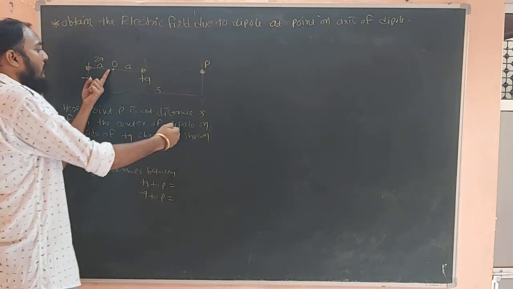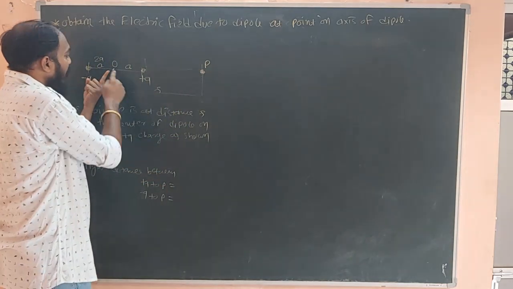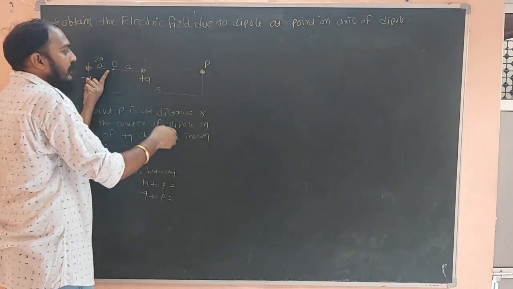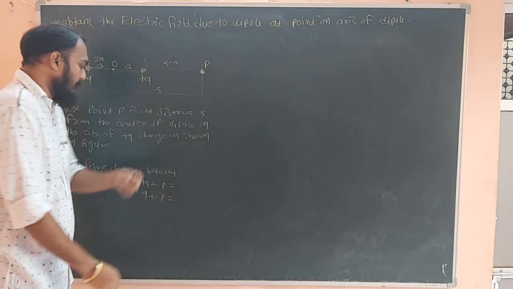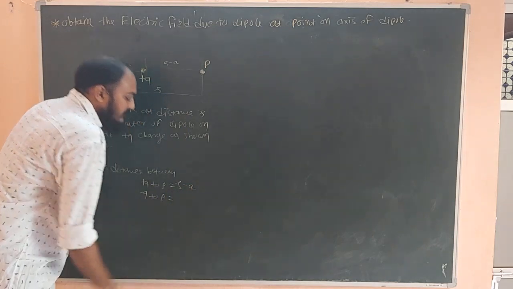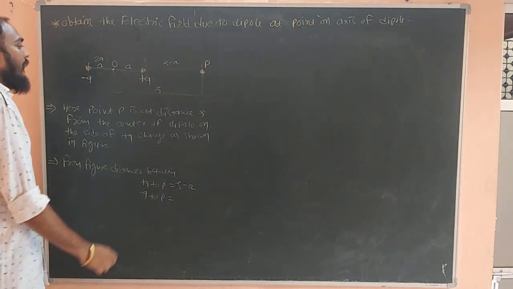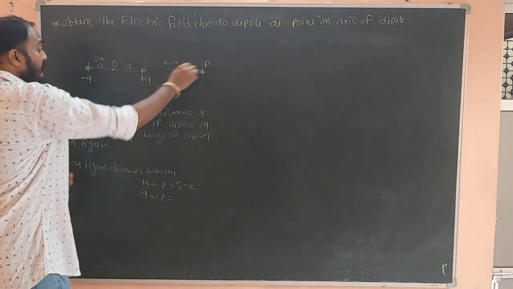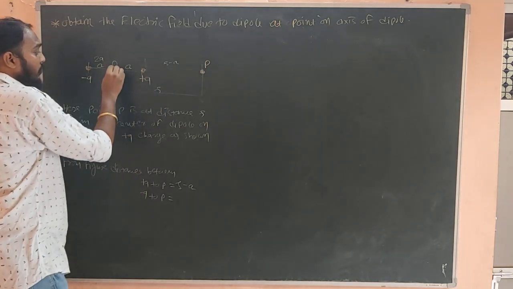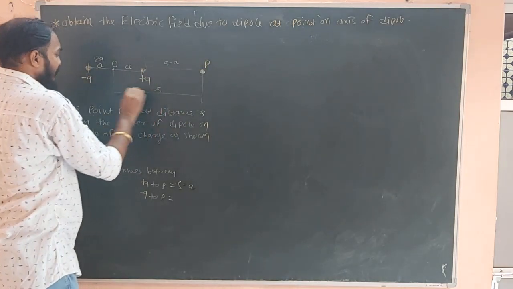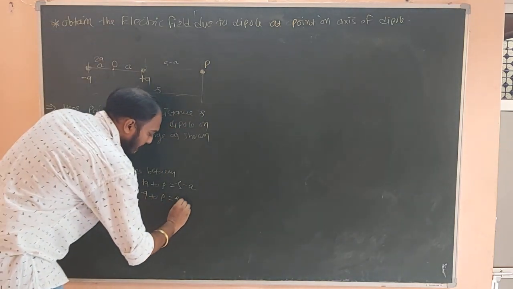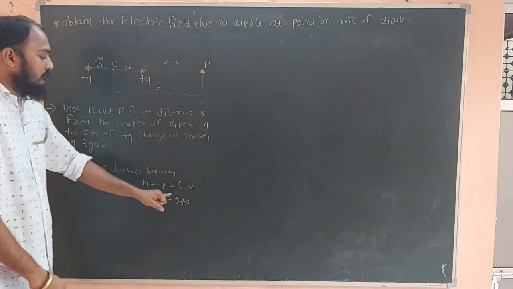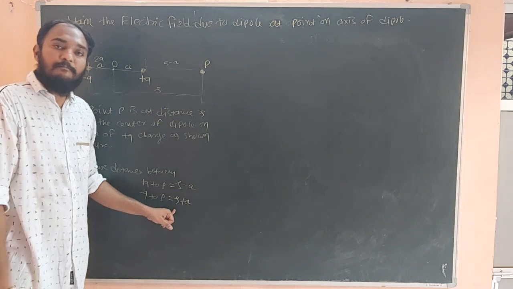We already know from O to P is R and we know O to Q is A. We get R minus A as Q to P. Now the distance between minus Q to P, we already know O to P is R and A here, so we will get R plus A. Both these distances are important for us.